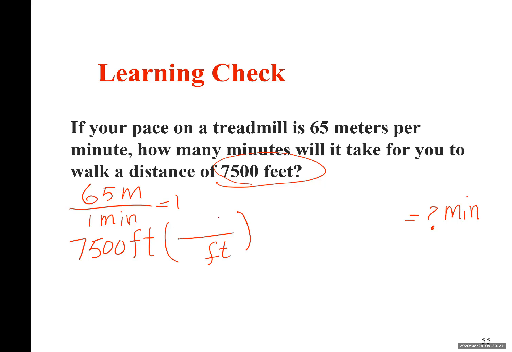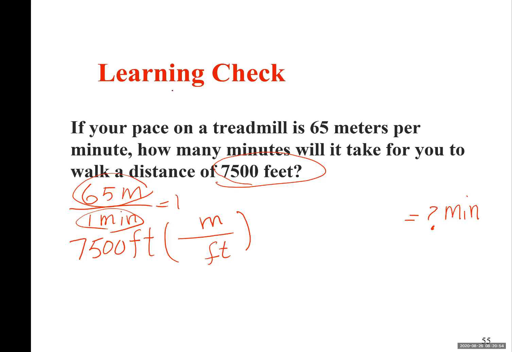Why meters? Because meters is related to time. And if I cancel feet and go to meters, then I can cancel meter and go to minutes. So what is my plan?